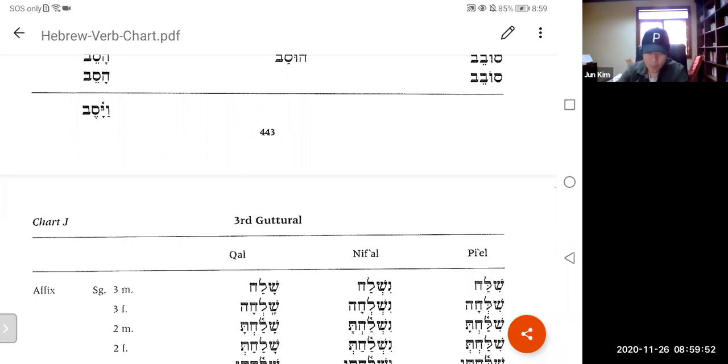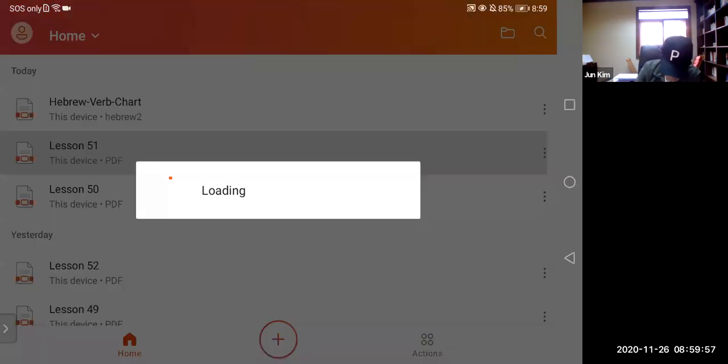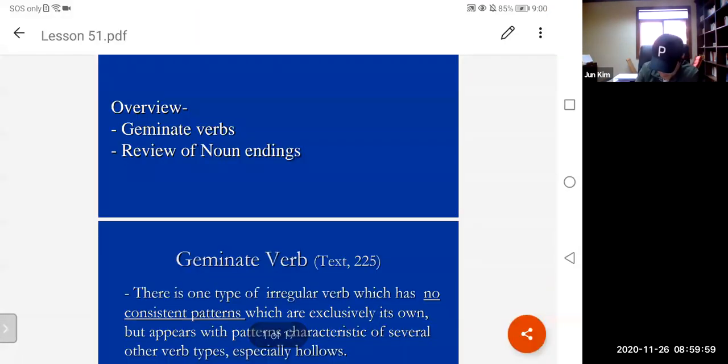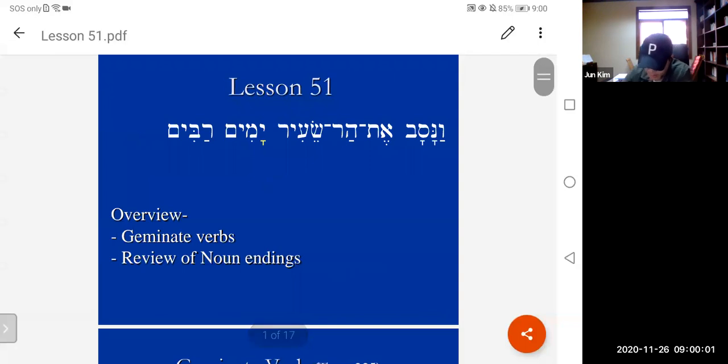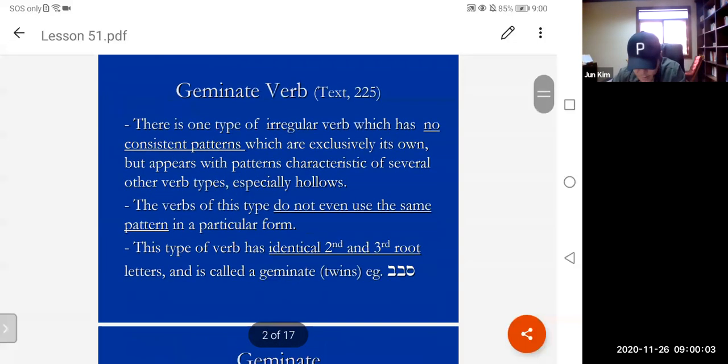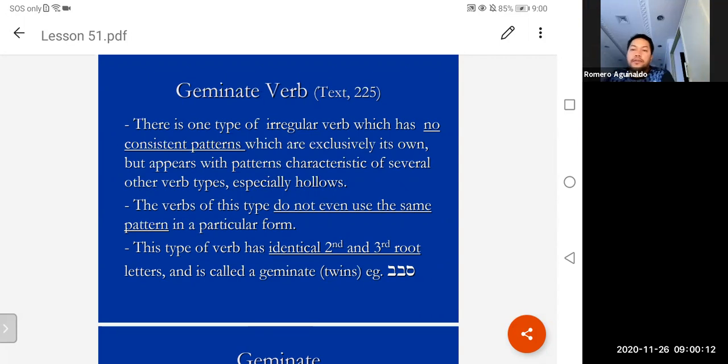Then let's go back to our lesson again. Lesson 51. Let's read. Romero, could you read, please? Geminate verb.